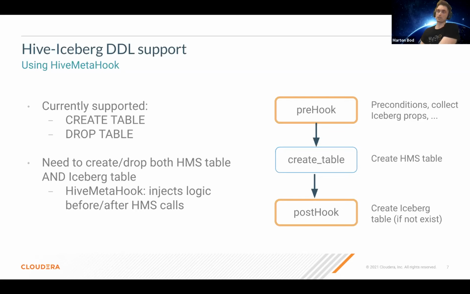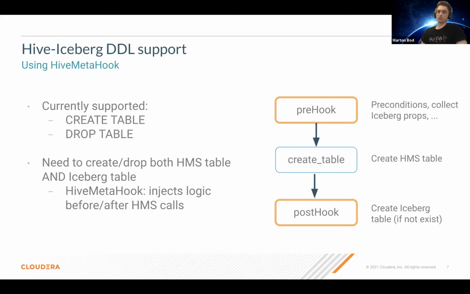So it's a two-step process, so it's not sufficient to just create the HMS table itself, but we also have to create an Iceberg table by calling the Iceberg catalog API, which is going to create the initial snapshot for the table, initial metadata. So what we found is that the Hive MetaHook interface provides a great way for us to inject some piece of custom code or logic right before or right after HMS calls.